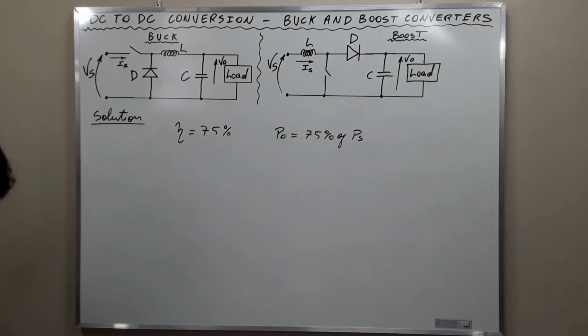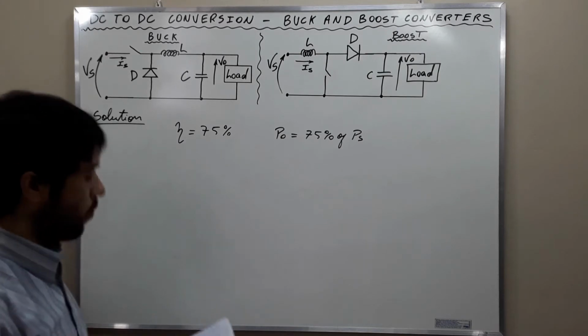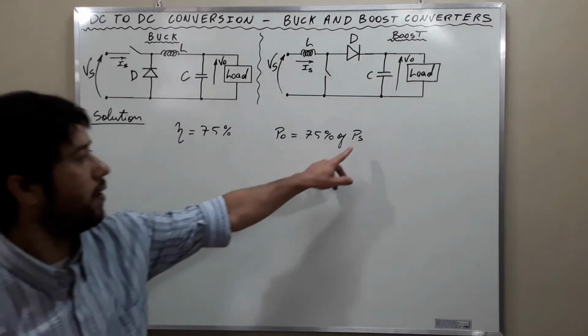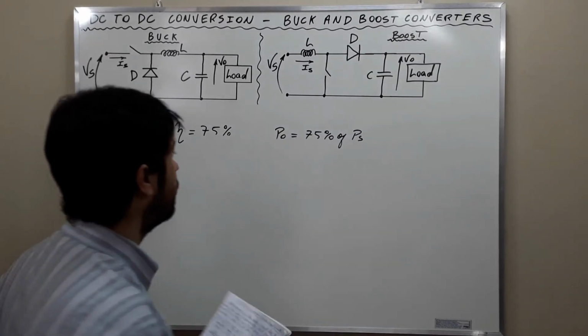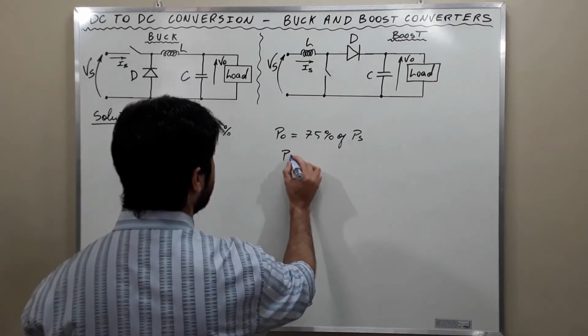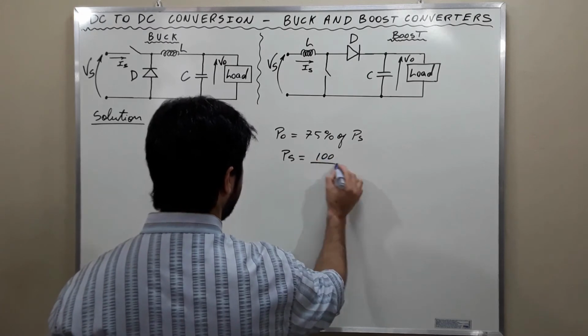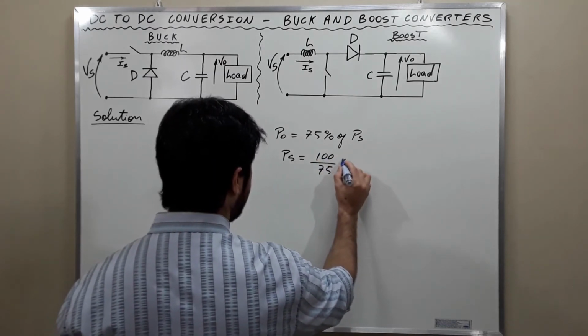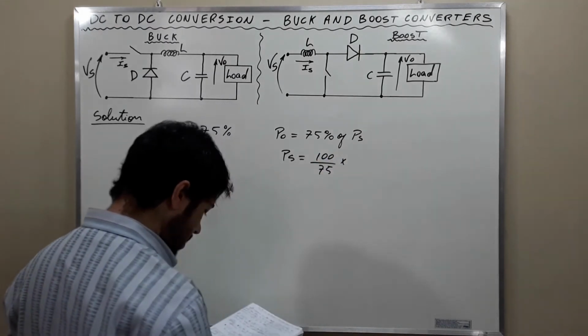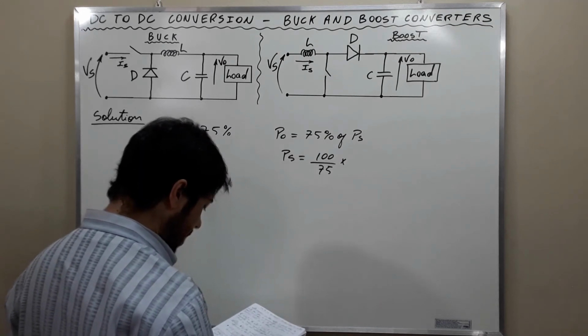Okay? We want to calculate this first. Okay, PS is going to be equal to 100 divided by 75 times the output power.